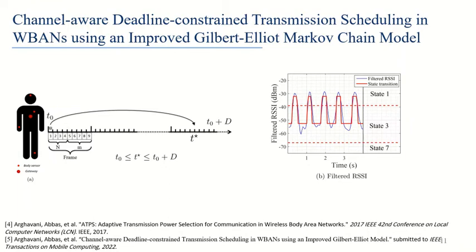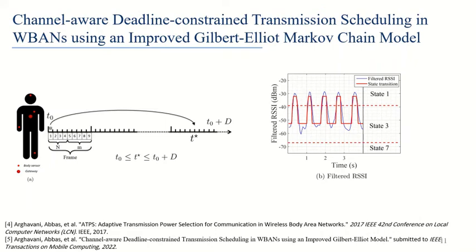And if the channel is in a good state, for how many time slots does it remain in that good state? We try to answer this question by employing an improved version of the Gilbert-Elliott Markov chain model.